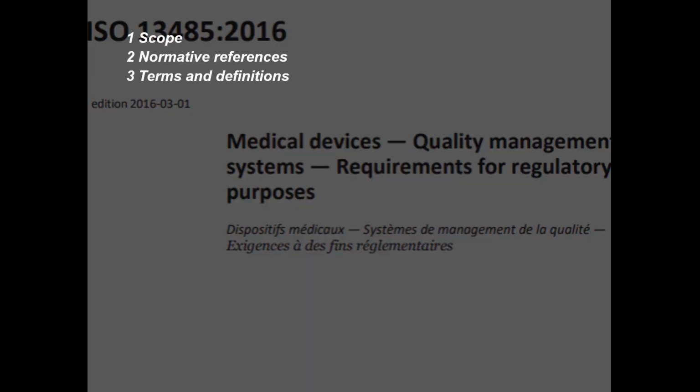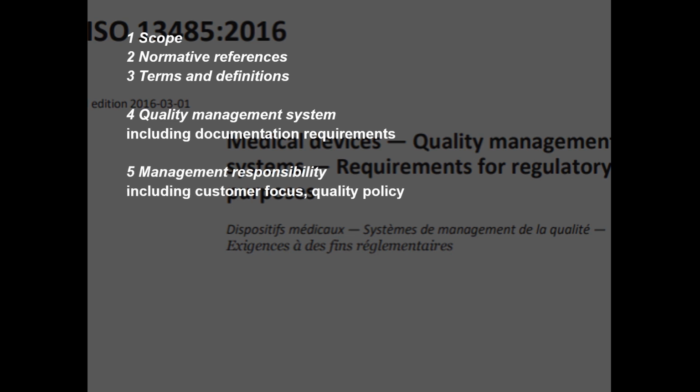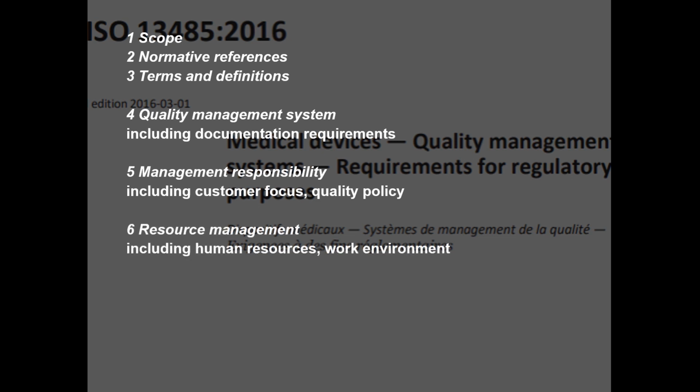So if we take a step back for a moment, there are a lot of different elements to a medical device quality system as per ISO 13485:2016. At the beginning of the standard, you have our scope, our references to other standards, and some terms and definitions are described in clause 3. Then the elements of a quality management system that need to be put in place are in clause 4. Management responsibility is called out in clause 5.